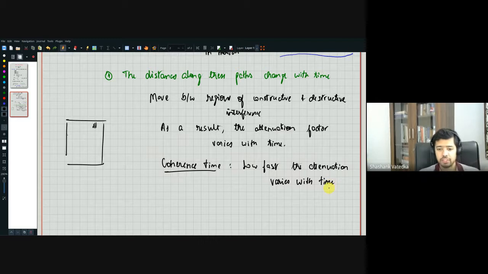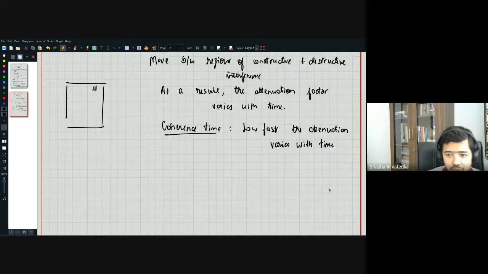So mathematically speaking, you have the received signal being equal to some channel coefficient times the transmitted signal. So the channel coefficient varies with time, and how fast the channel coefficient varies with time is determined by the coherence time.